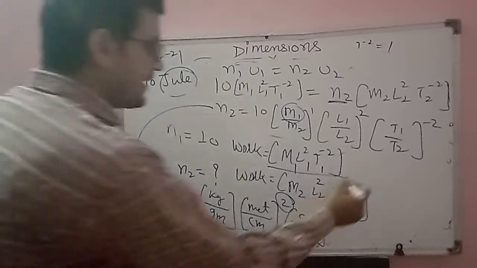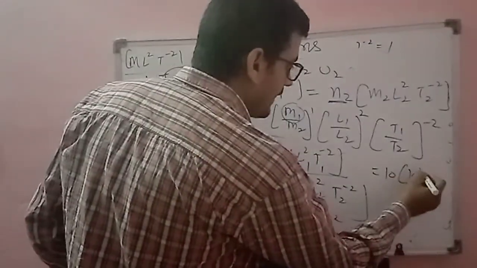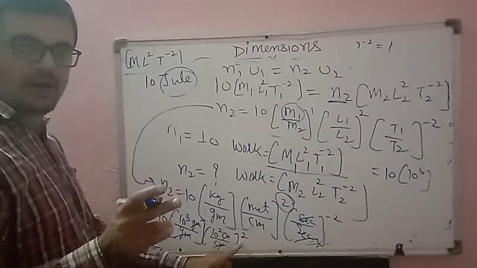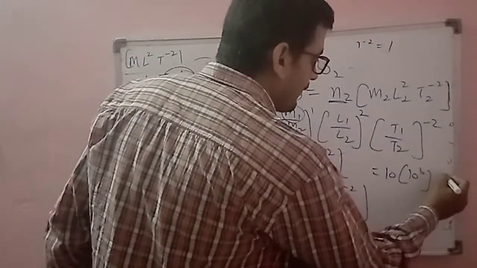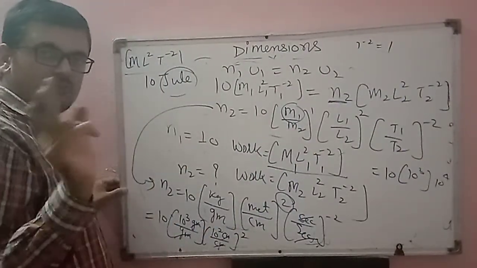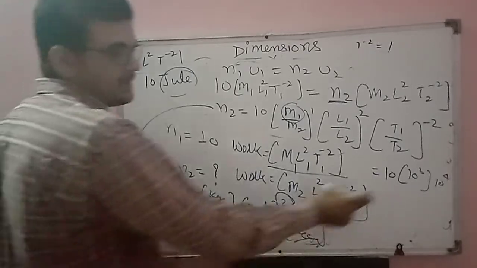Now I am writing it here. 10 into 10 to the power 3, 10 to the power 2 whole square means 10 to the power 4. When the base is the same, the power will be added. 10 to the power 2 squared is how much? 10 to the power 4.